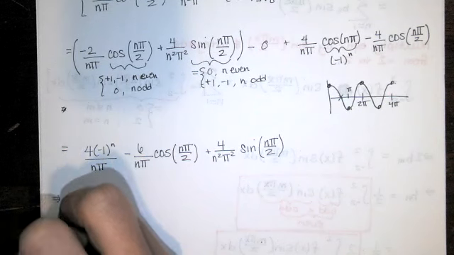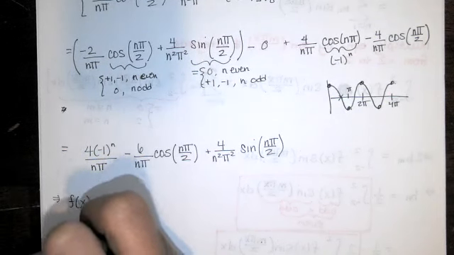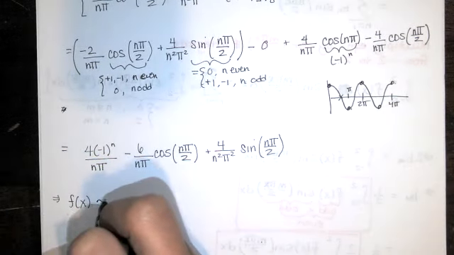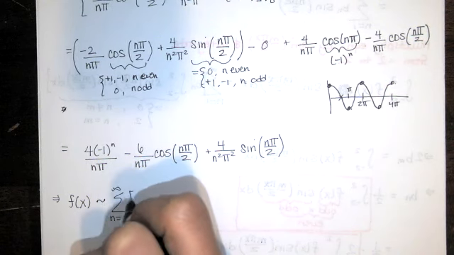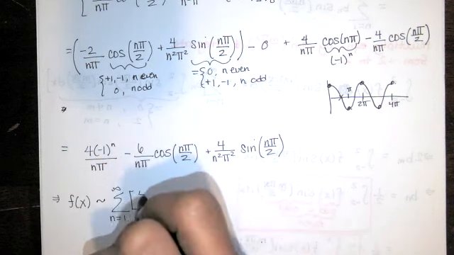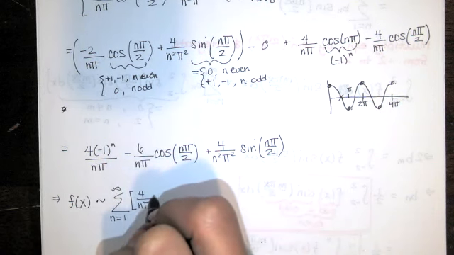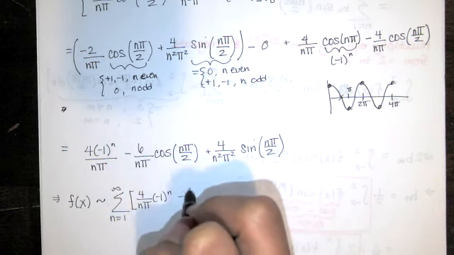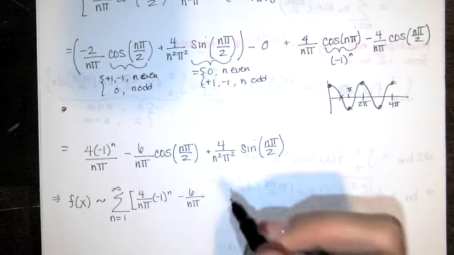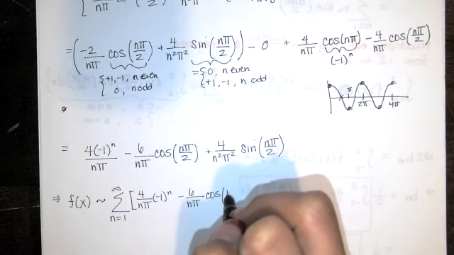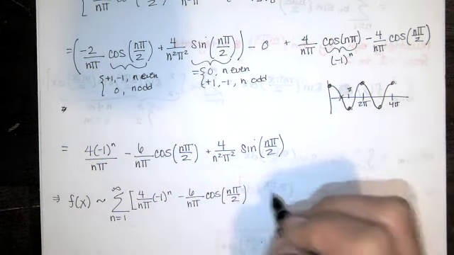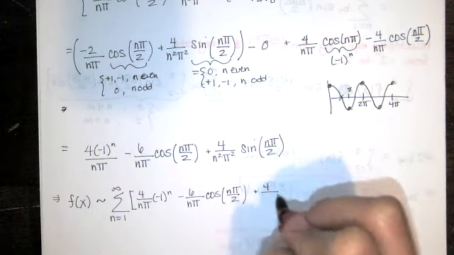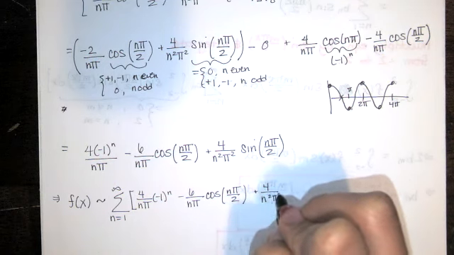So that means our series for f of x is given by this. We've got the sum as n goes from 1 to infinity of b sub n, which is all of this. Now, initially, you might think that those are not constants, but those are actually constant values for different values of n.